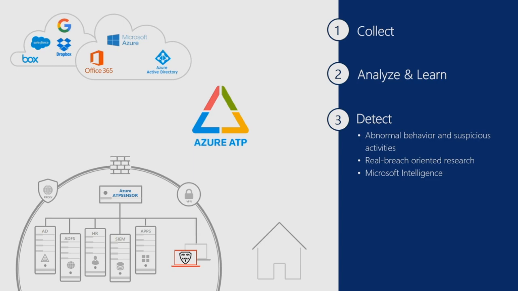So all the detections that we're building are based on real breach information, again, both the information we're getting as Microsoft from our customers, including the incident response teams, by the way, that go to customers to help them investigate and remediate advanced attacks, as well as from the security research community.